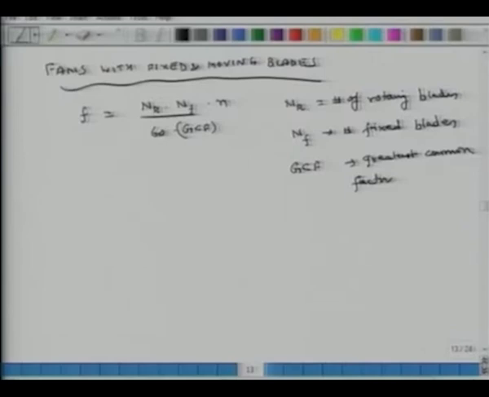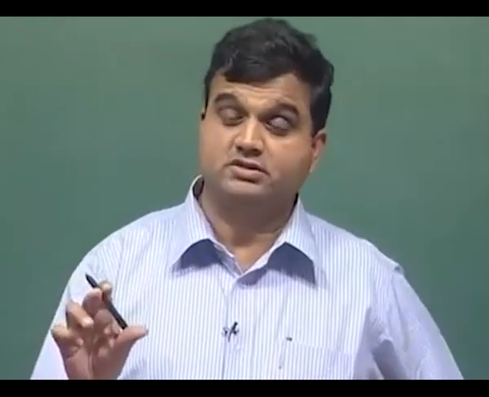Do you understand where this is coming from? So again, you can calculate the fundamental frequency of the noise generated by a fan with fixed and moving blades using this approach, and then you find its harmonics, the second, third and fourth harmonics and so forth.